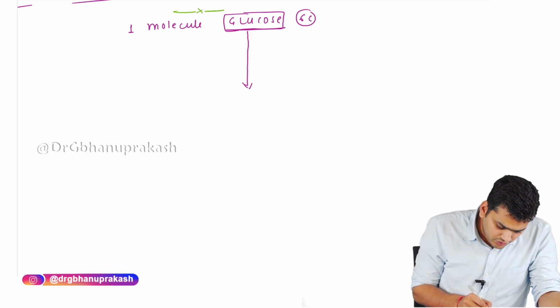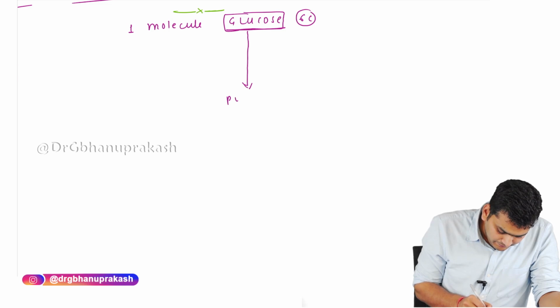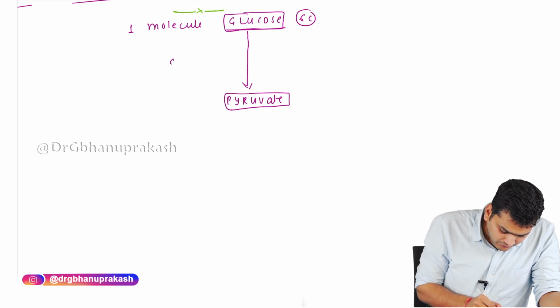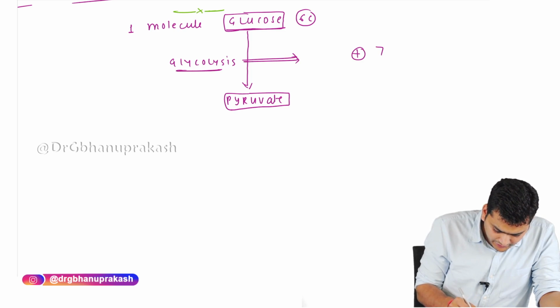First of all, this glucose is going to convert into pyruvate. When glucose converts into pyruvate, this is called glycolysis. And glycolysis is going to give us how much ATP? 7 ATPs.